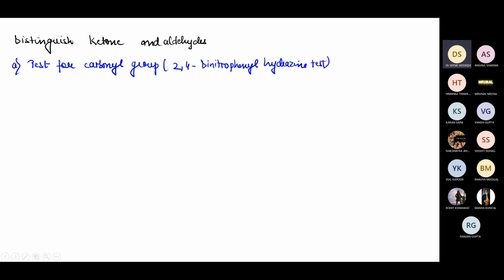If you take a carbonyl group and treat it with NH2NH-2,4-dinitrophenyl, the examiner may ask you to draw the structure. You say you have done it. It is going to react and give you the 2,4-DNP derivative, that is your hydrazone.